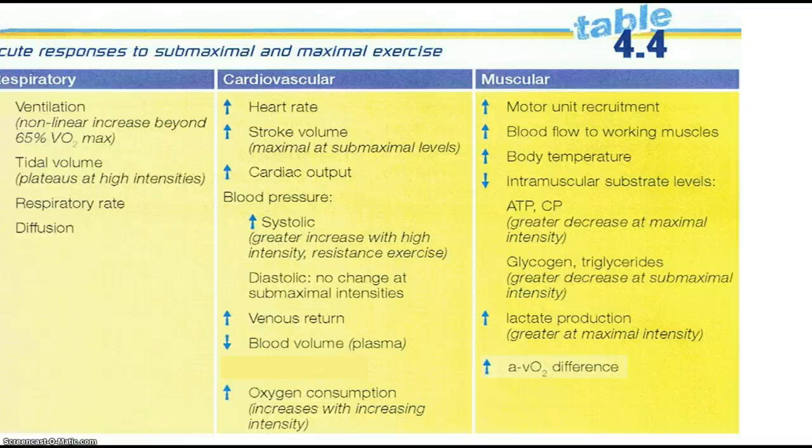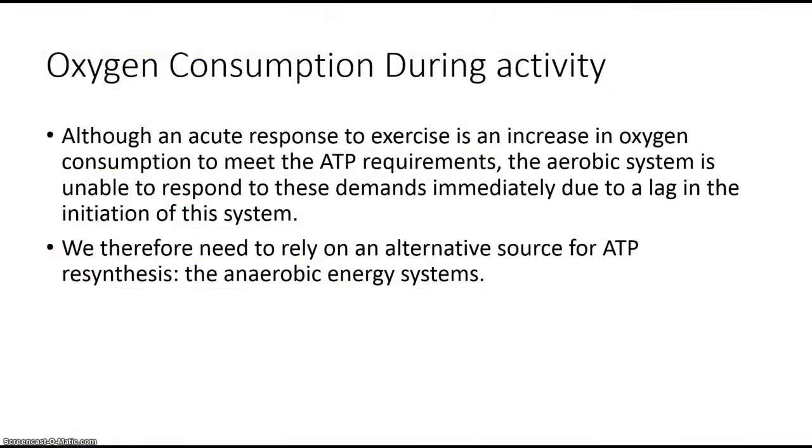And often we say, well, don't do heart rate and stroke volume because they're all leading to the same cardiac output. And then the last thing here, we're going to run out of time, but we've got oxygen consumption. So the aerobic system is unable to respond to these demands immediately due to a lag in the system, so therefore we need to rely on an alternate source of ATP.